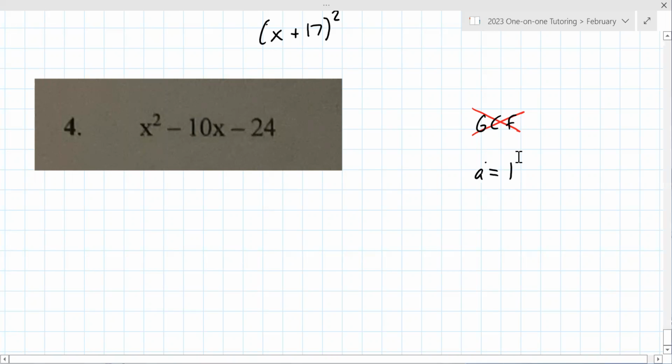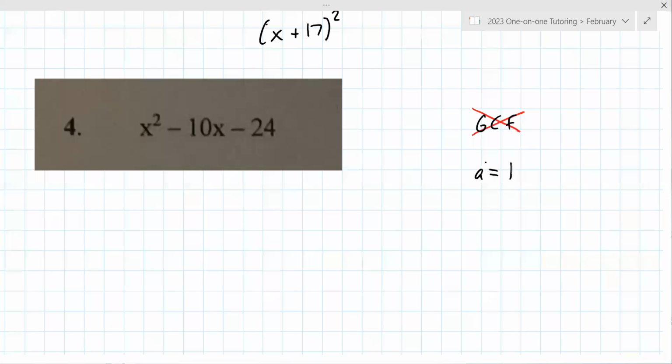It could be 4 or negative 4 and 6, or negative 4 and negative 6.